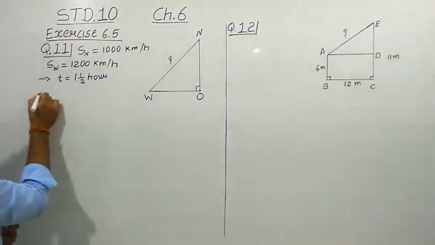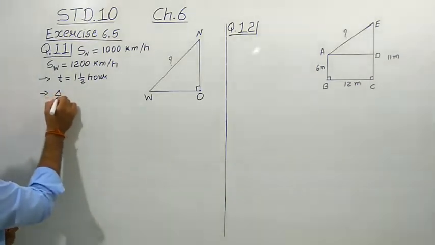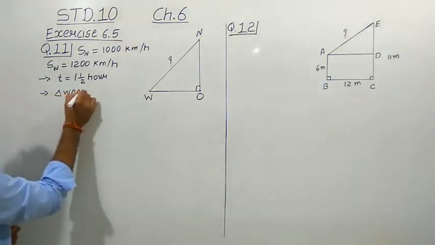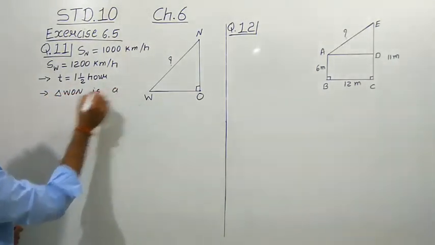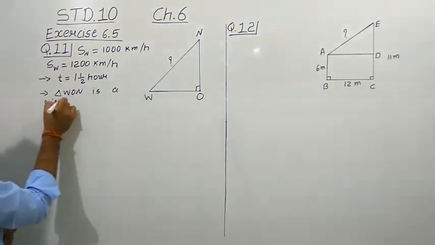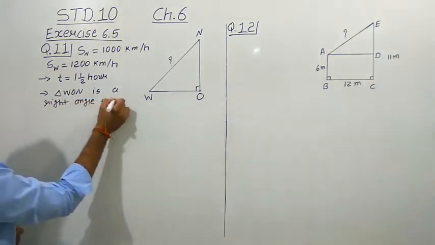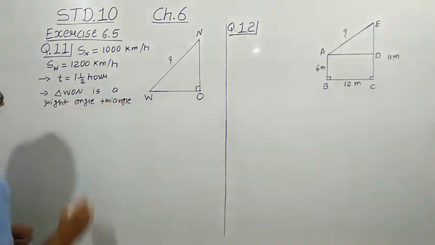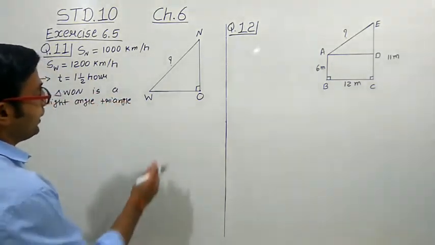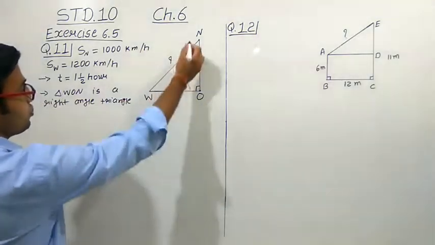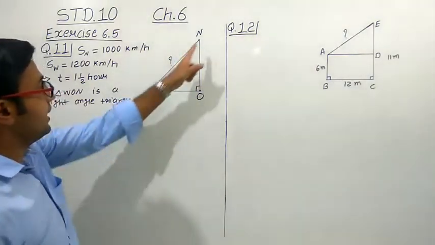So this triangle WON is a right angle triangle, right?